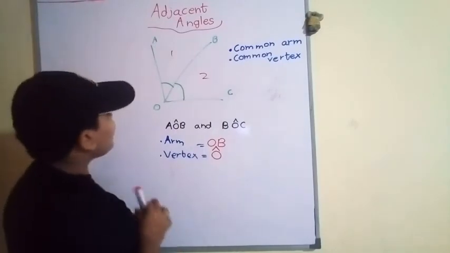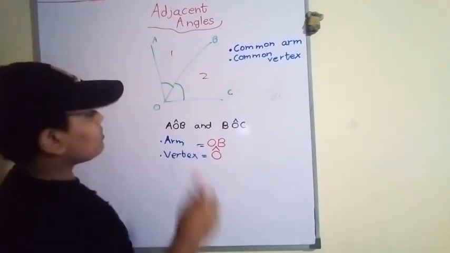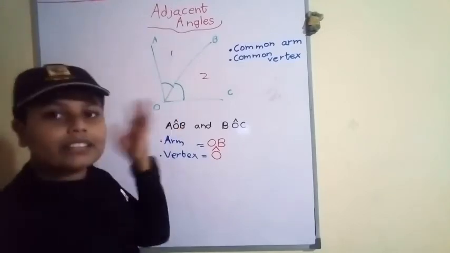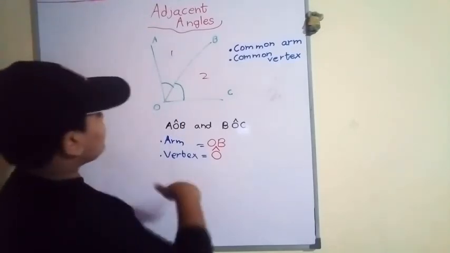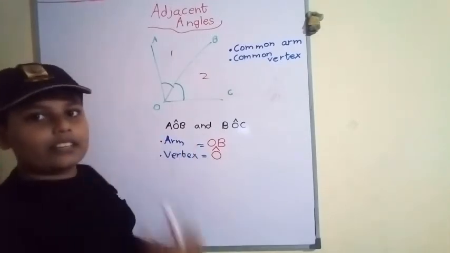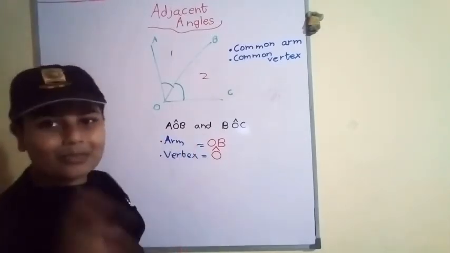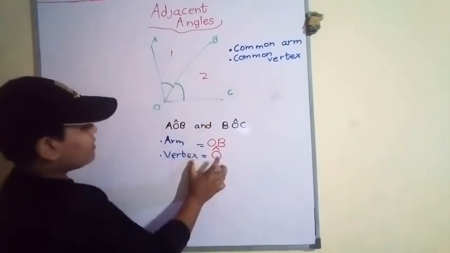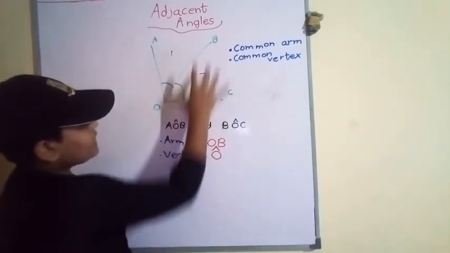The first part and the second part are adjacent: AOB and BOC are adjacent, face to face. The common vertex is O, the common arm is OB.